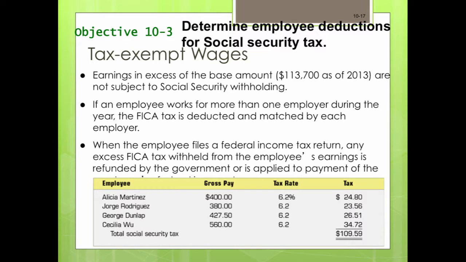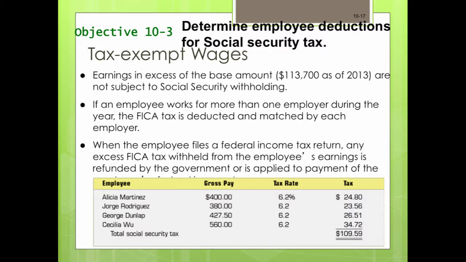So let's determine the employee deductions for Social Security tax. For Social Security tax, remember that any wages in excess of $113,700 are not subject to Social Security tax.